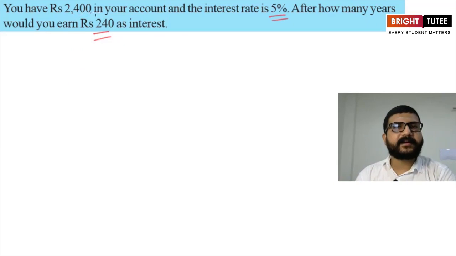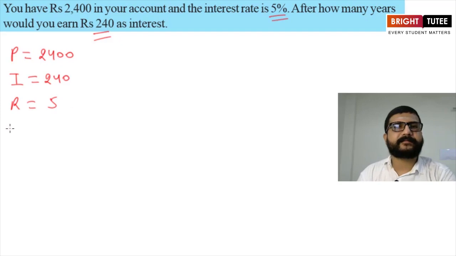Principal is given 2400, rate of interest is given 5% and interest is also given, that is 240 rupees. So here we have P is equal to 2400, I is equal to 240 and R is equal to 5. What we have to find? We have to find T, that is time period.